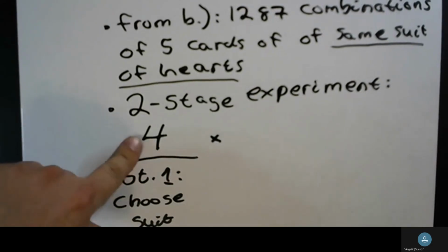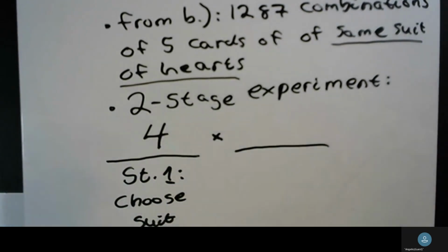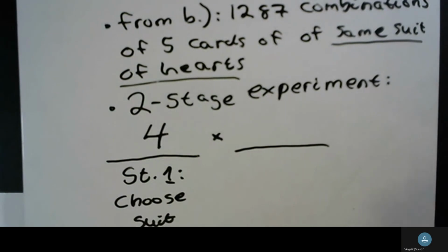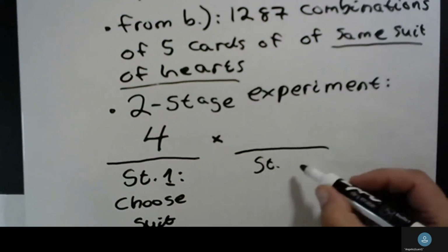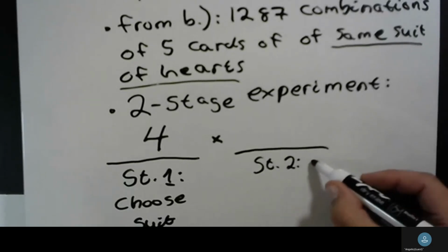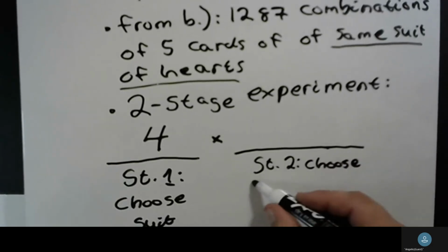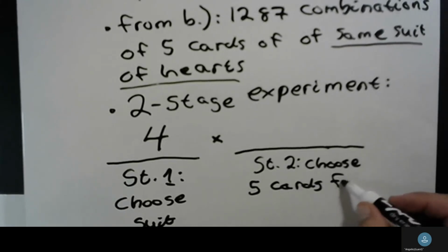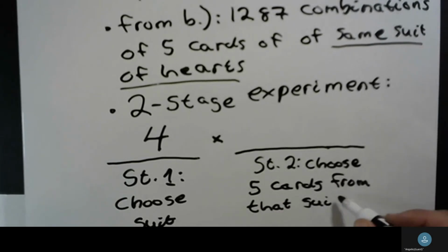And then after we've chosen the suit, regardless if the suit was hearts or clubs or spades or diamonds, we then choose the 5 cards from that suit.